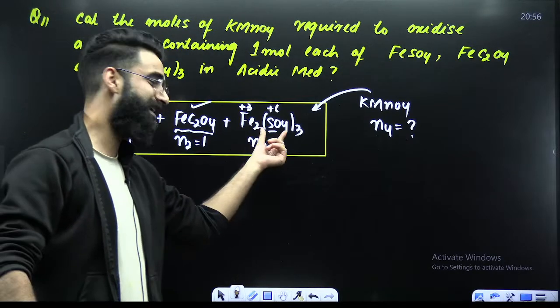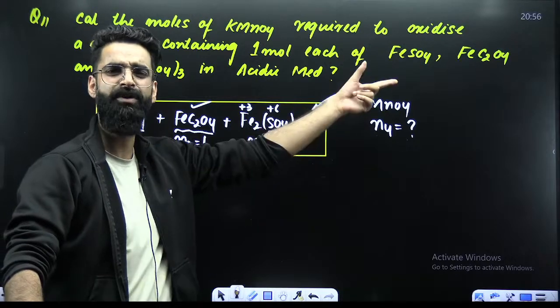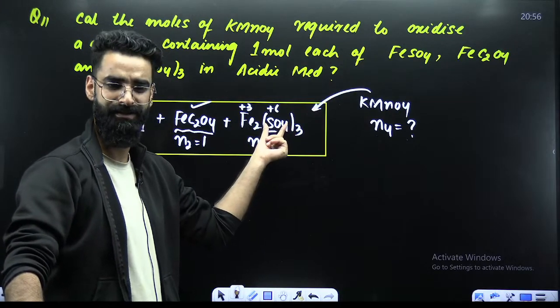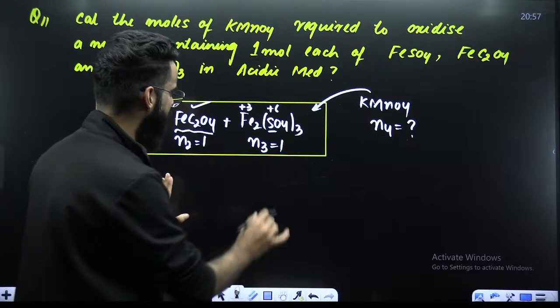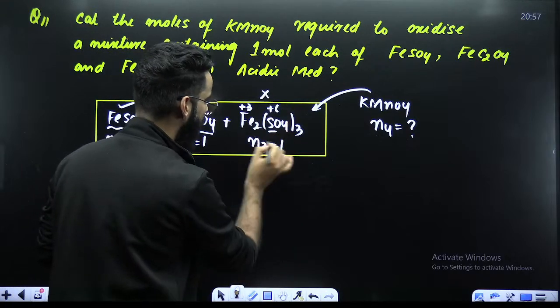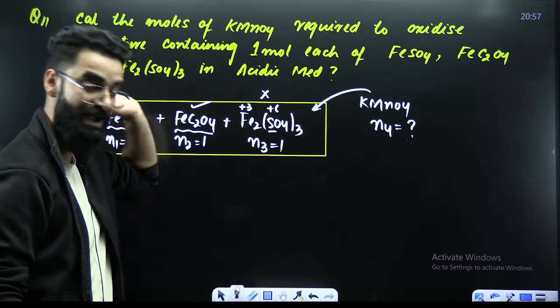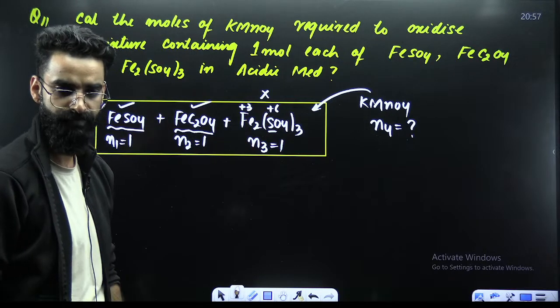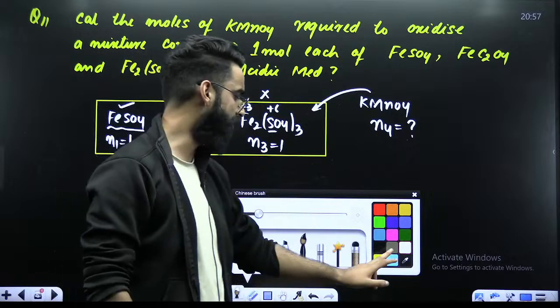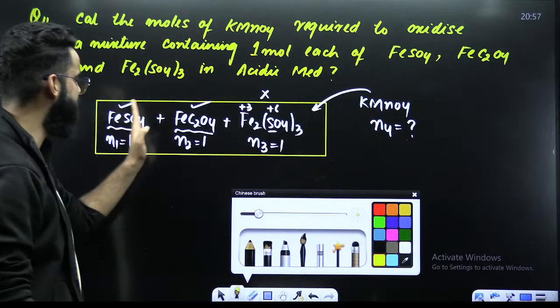So this part cannot undergo oxidation, and KMnO4 cannot oxidize it. In short, KMnO4 is not reacting with this overall species, neither the iron part nor the sulfate part. Now you got to know your KMnO4 is only reacting with this one and this one.